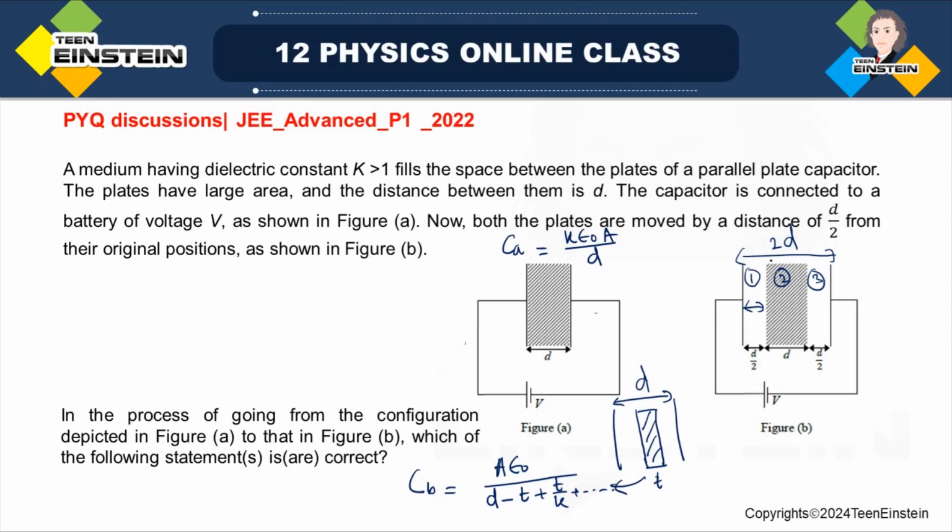So here, this D is 2D and the thickness of the dielectric material is D instead of T. So if we put those things here, look what I get.